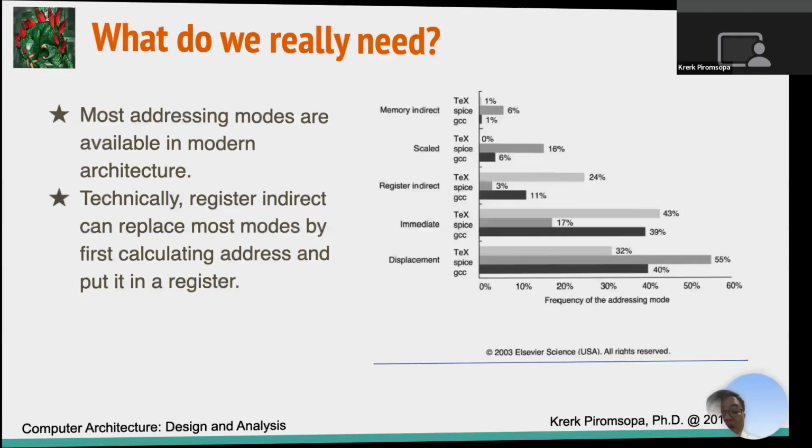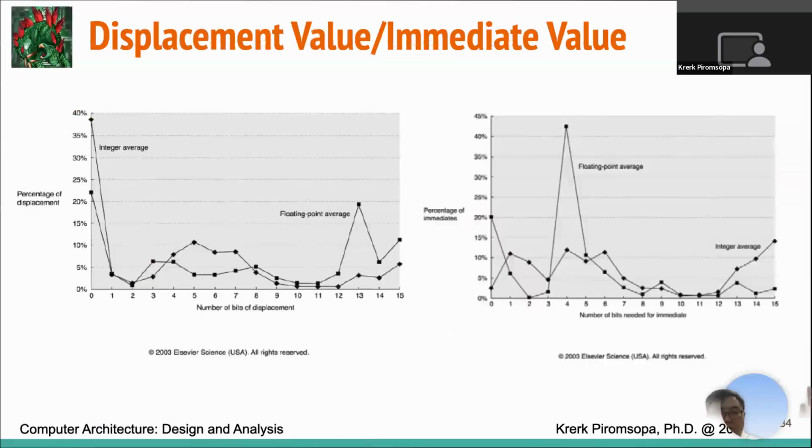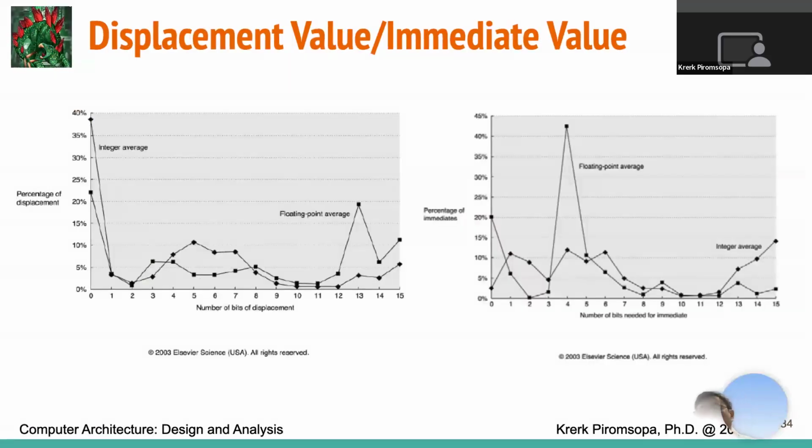To answer that, we do some analysis of real software. And we find that with displacement, most software would go with, I don't know, maybe less than 16 bits. So if we allow 16 bits of displacement, maybe that's enough.